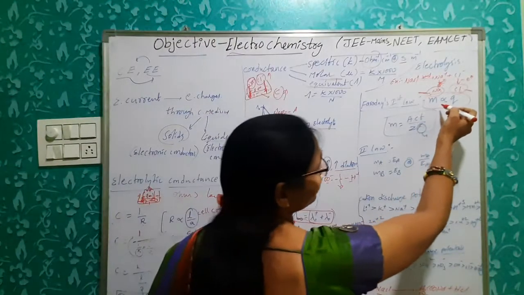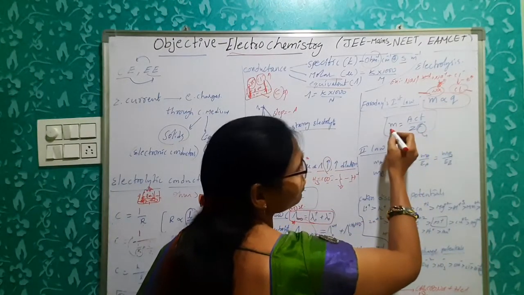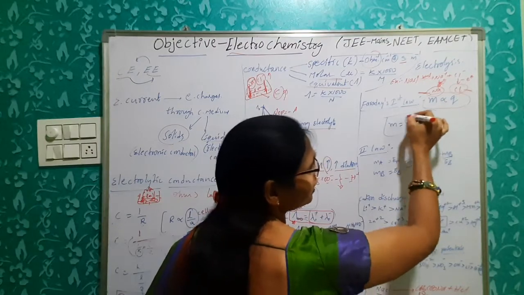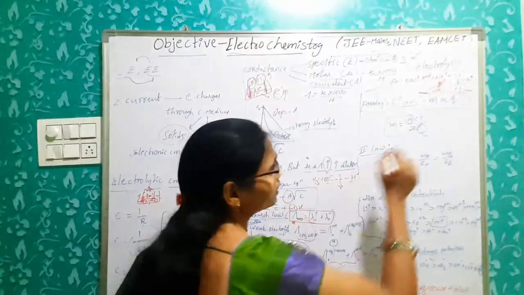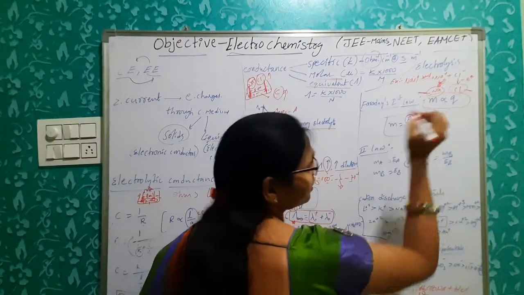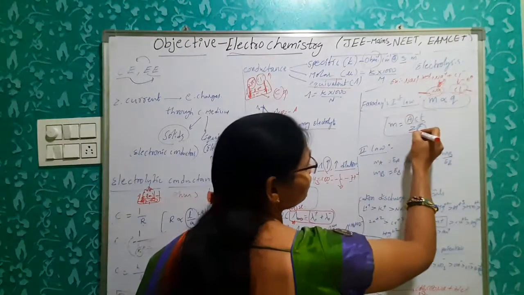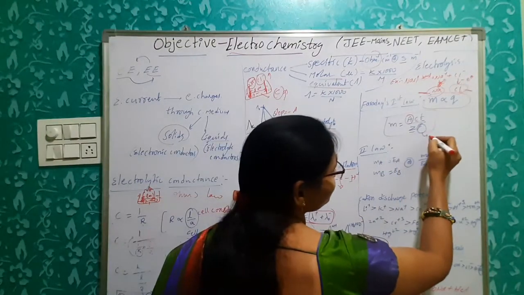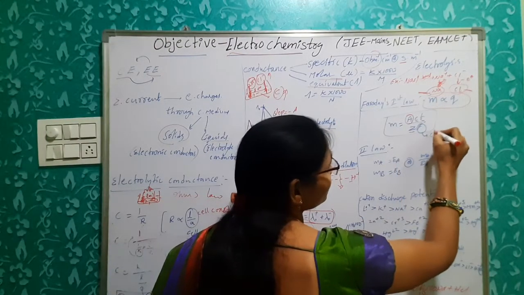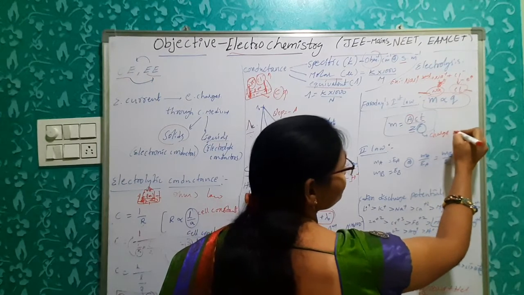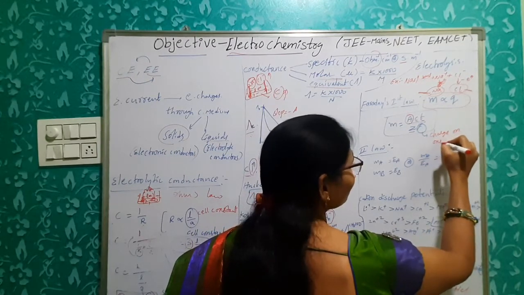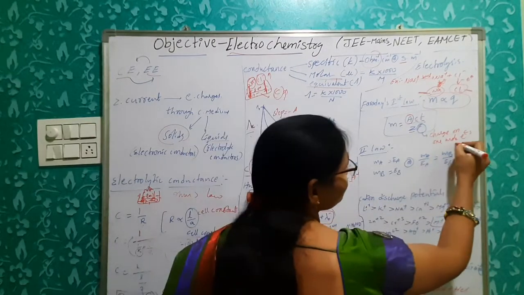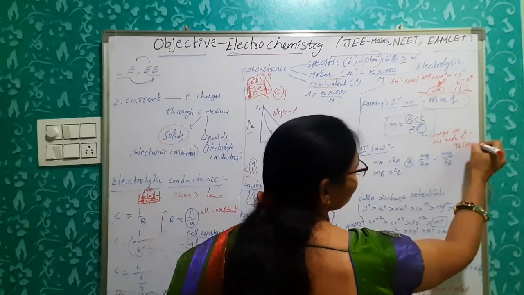By deriving the equation, finally we get M = ACT/ZF. A is the atomic weight of that element, C is current in amperes, T is time in seconds, Z is the valency of that element, and F is Faraday, the charge on 1 mole of electrons, that is 96,500 coulombs.